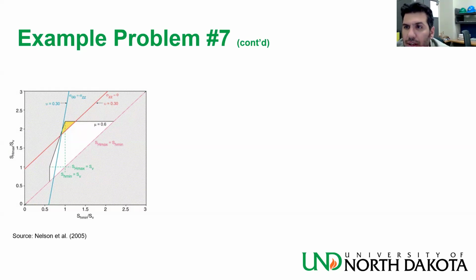So the yellow region is where sigma theta theta is equal to sigma zz, and sigma zz is equal to 0 or minus T, which is 0 again.